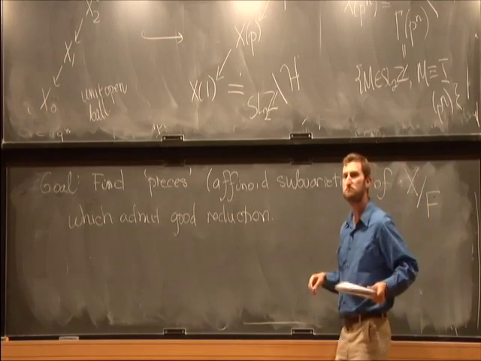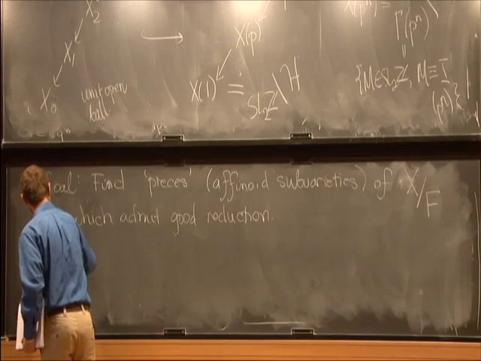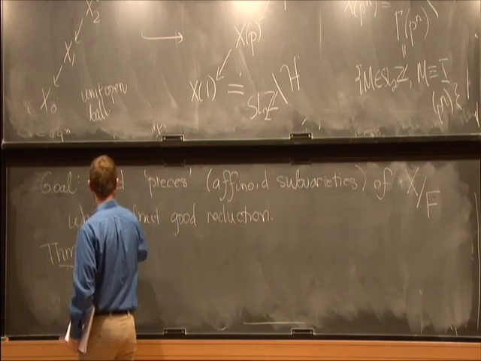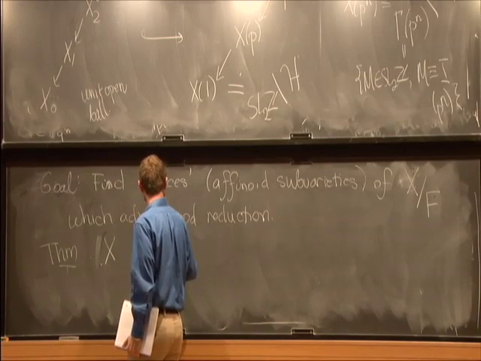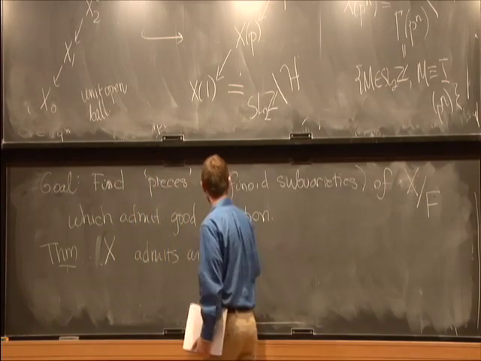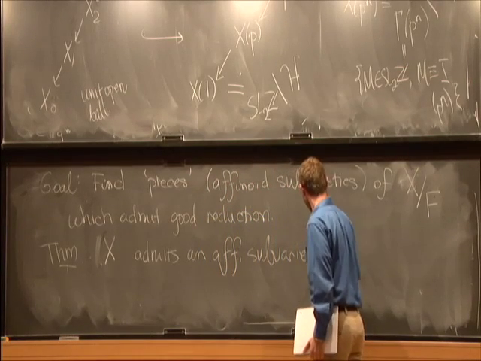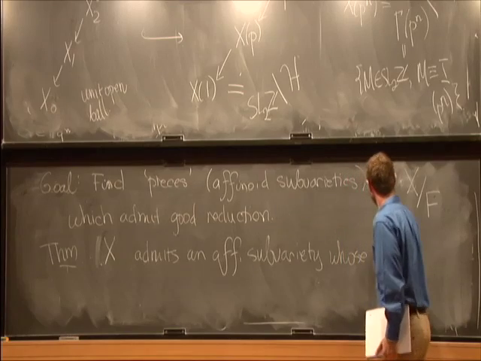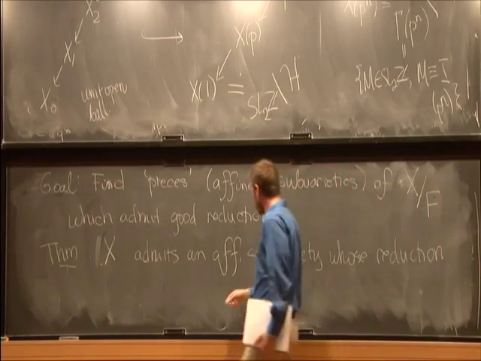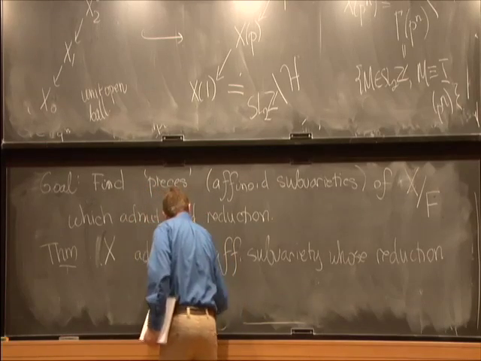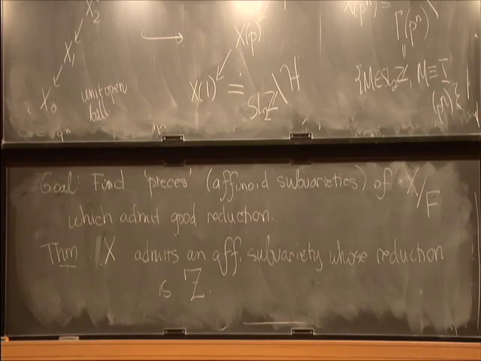So I'll just say that our X does indeed admit an affinoid subvariety whose reduction is this variety Z, with that big equation that I wrote down.